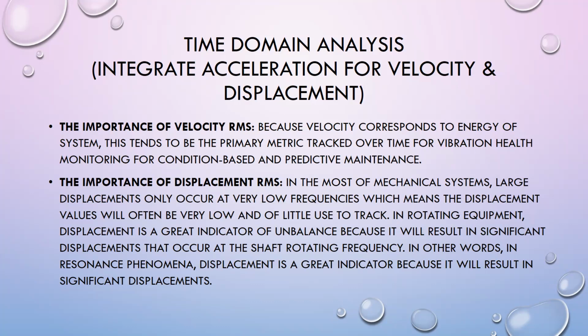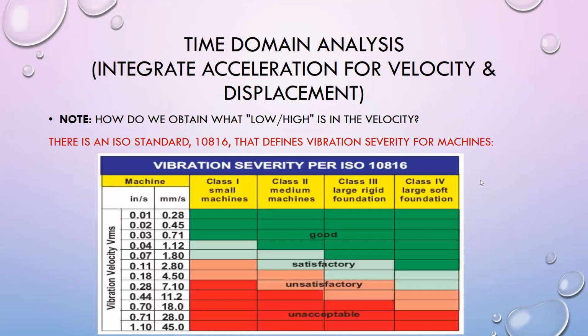So it can be due to resonance, and maybe the frequency of the excitation is close to the frequency of your system, or maybe your system is changing and its frequency has been changed, and it's getting close to the frequency of the excitation. So it can be another important parameter that you can check in the time domain analysis.